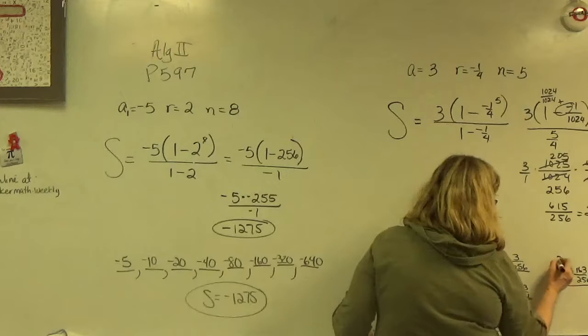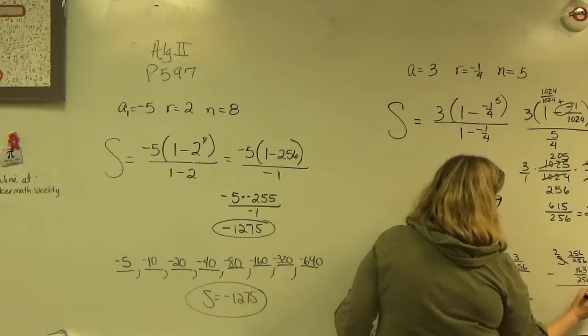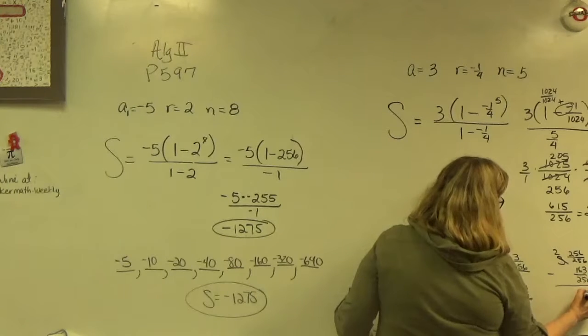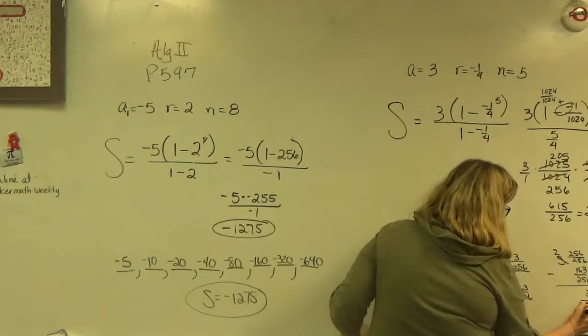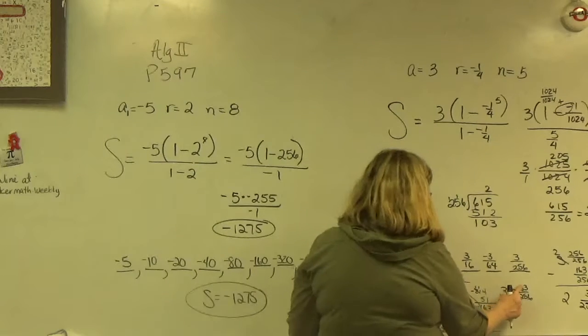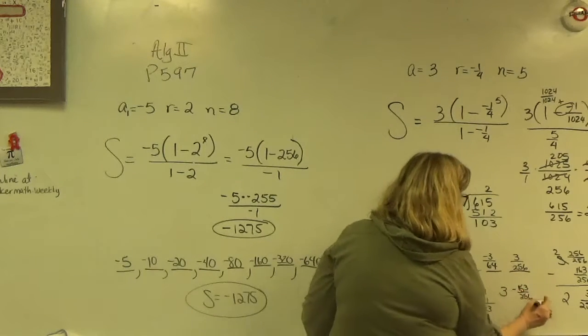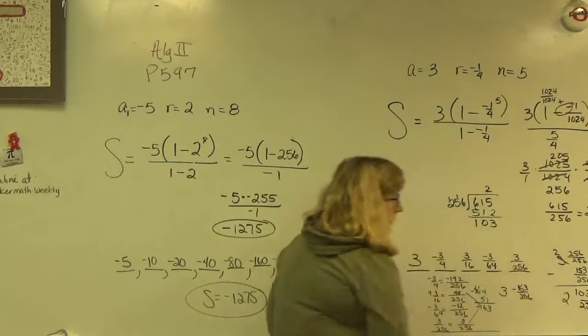Gotta borrow 1, so I borrow 256 over 256. Something's wrong. I'm not gonna get the same thing unless I added it wrong over here. Oh, there's 153, there's the problem. With 153, it works out fine, and then we get the same answer.